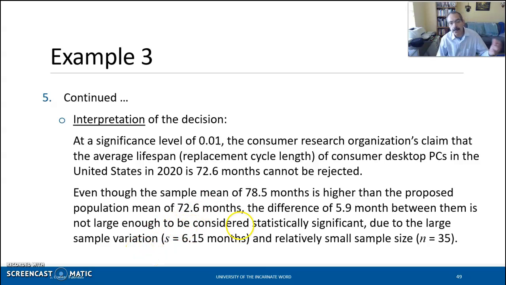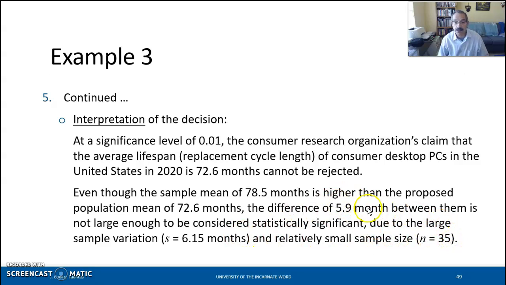And so I'm saying here as a commentary that even though the sample mean of 74.5 months is higher than the proposed population mean of 72.6 months, the difference between these two values, 1.9 months, is not large enough to be considered statistically significant because the sample variation is relatively large, more than 6 months, and the sample size is relatively small.